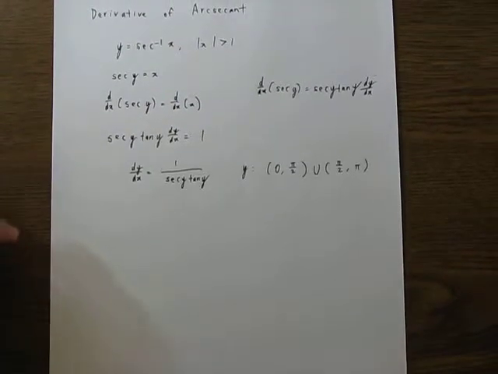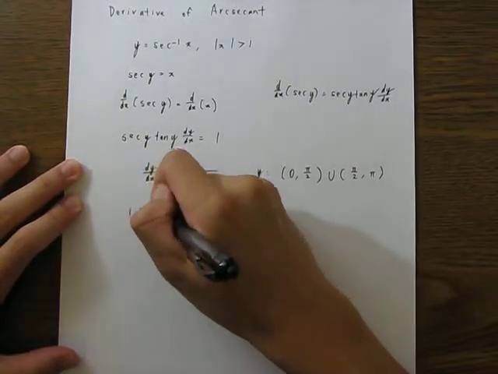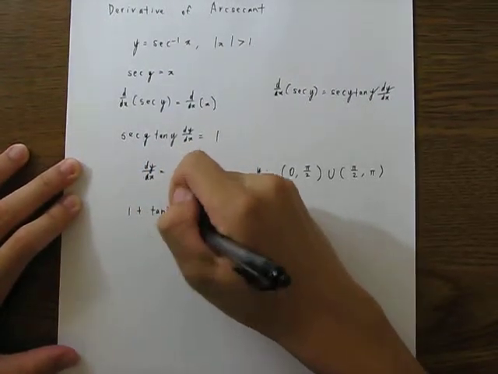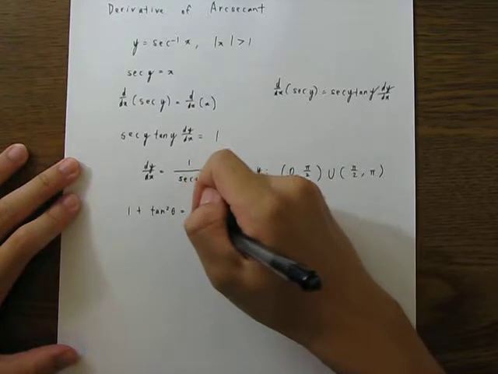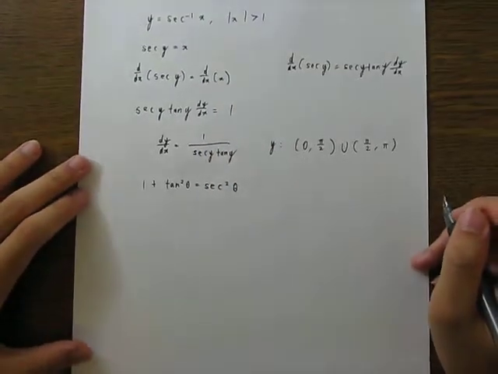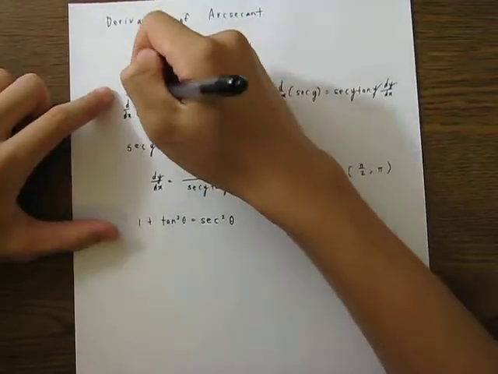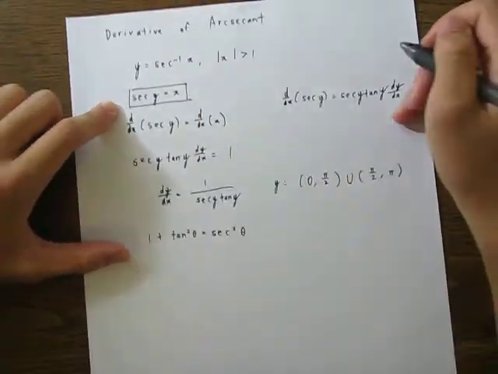In order to express the result in terms of x, we use the relationship 1 plus tangent squared theta equals secant squared theta. This is one equation you have to be aware of.